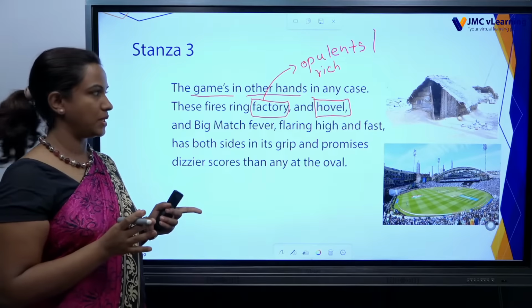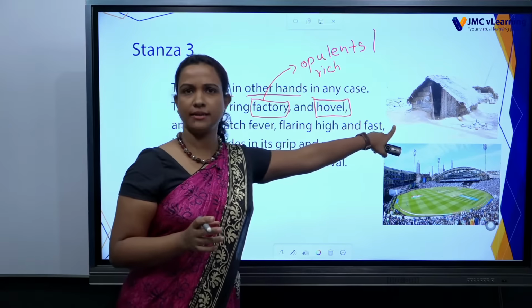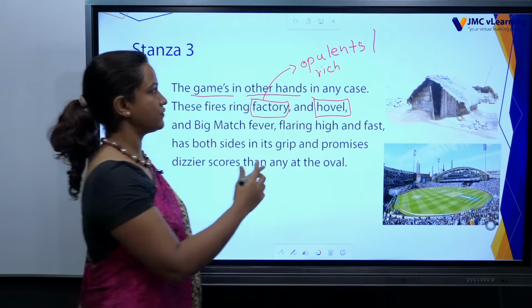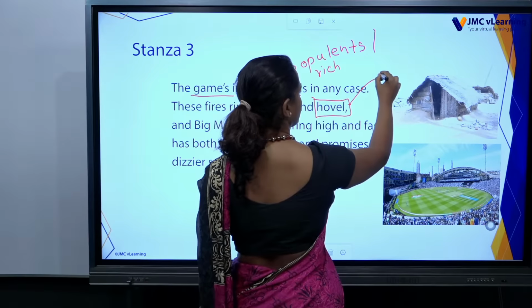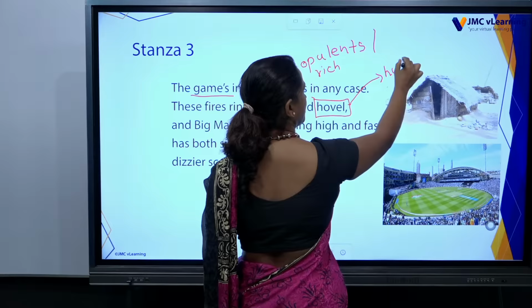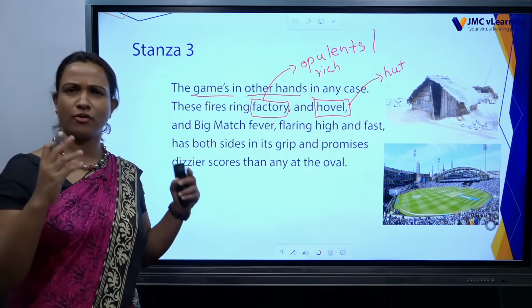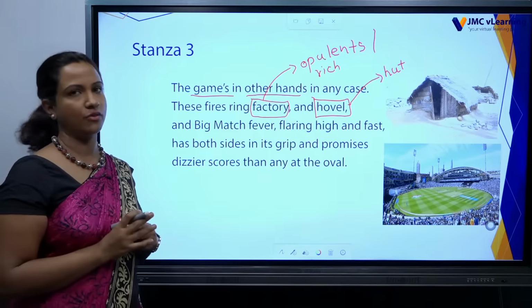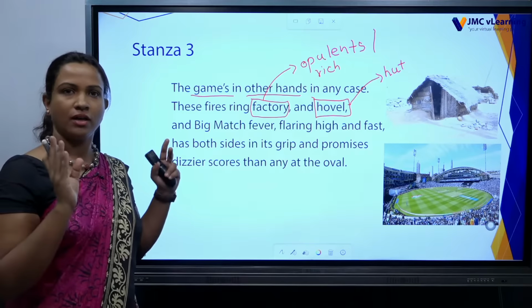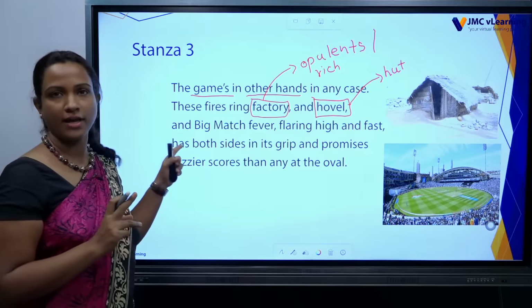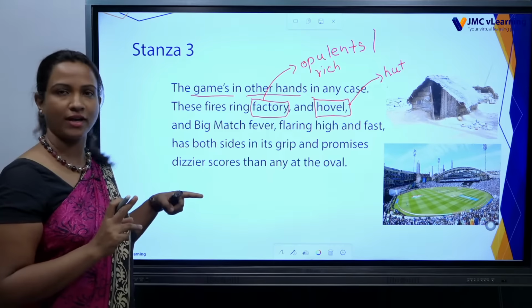Factories are owned by rich people. Hovel, just like in this image. It's a small hut. Who lives in this hut? Yes, the poor people. So whether you are rich or poor, you will get the fire. Whatever your background is, your race is, ultimately you will be fired upon.